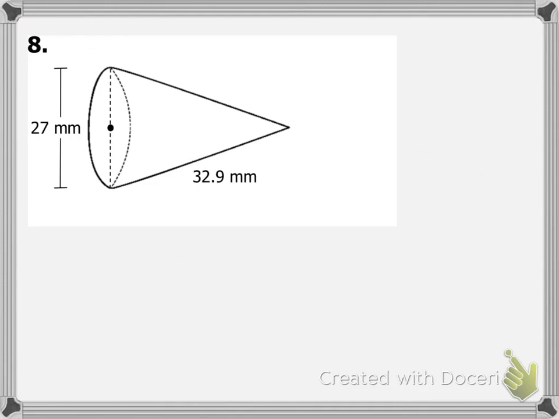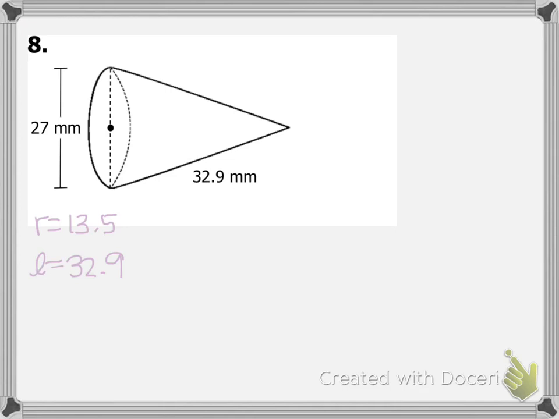Alright, let's look at an example here. So I know the diameter of the cone is going to be 27, so the radius of that is going to be 13.5. The slant height, the L, is going to be 32.9.